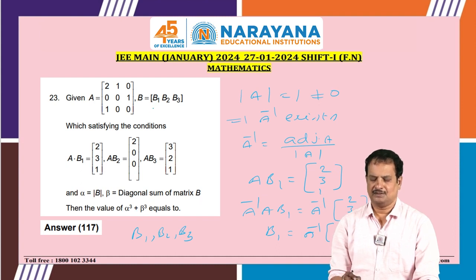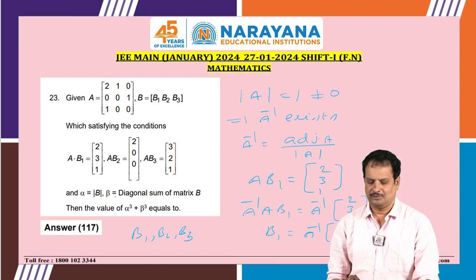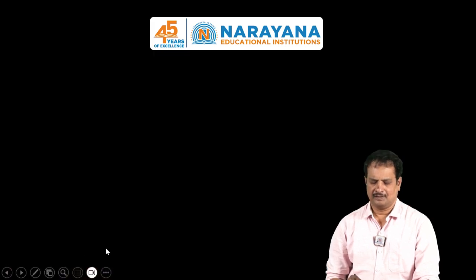Once you know the matrix B by this process, you'll be knowing all the three columns. Thereby you can find out both alpha and beta, where alpha is the determinant of B, and beta is the trace of the matrix B, because that is simply the sum of the diagonal elements of that matrix. So once you find out these two, if you find alpha cube plus beta cube, you'll be getting 117 as a value.